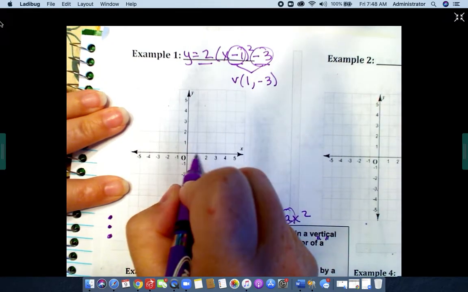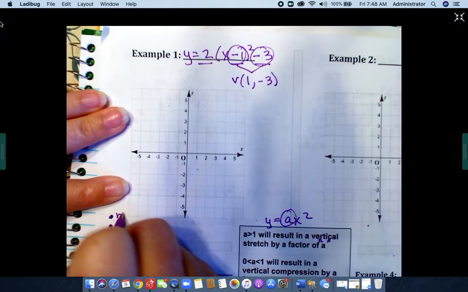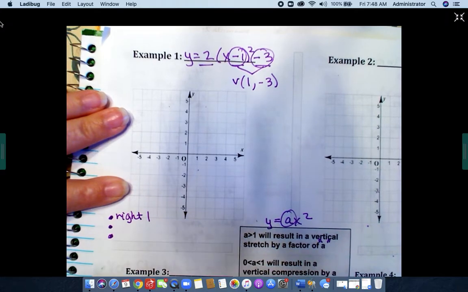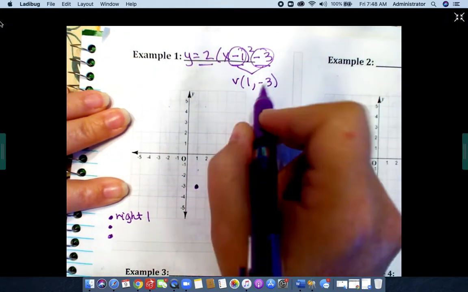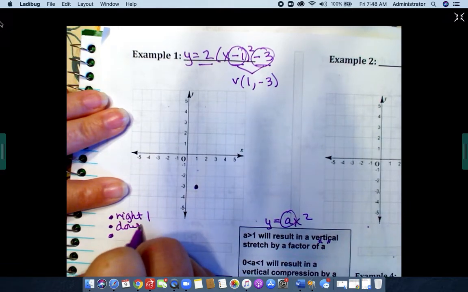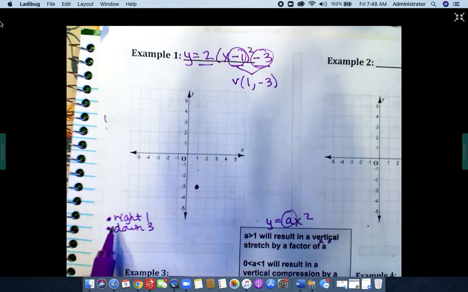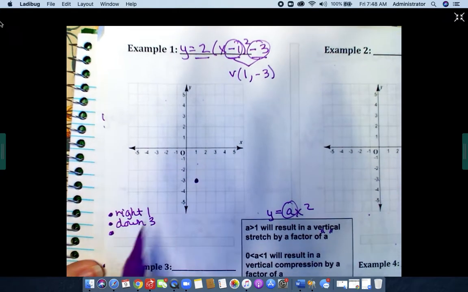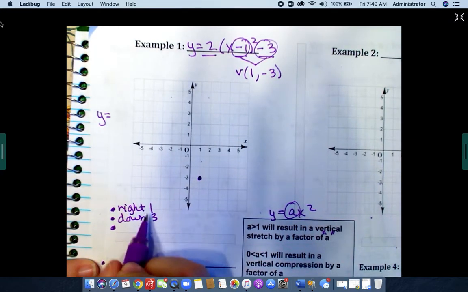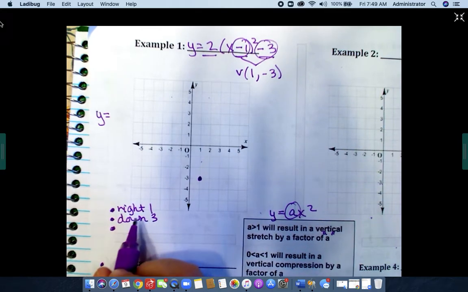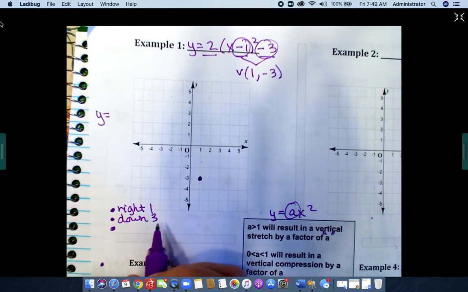If I go right 1, then I'm going to write right 1. And if I go down 3 to get to this vertex point, I'm going to put down 3. So I'm being really lenient here. I normally would say horizontal shift, right 1, vertical shift, down 3. But I'm letting you just shorthand it and say right 1 and down 3.